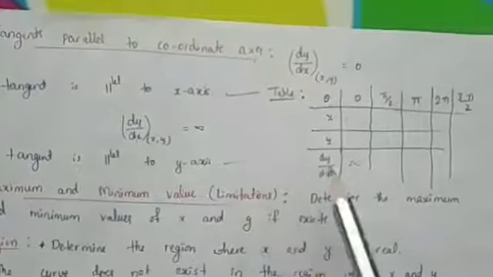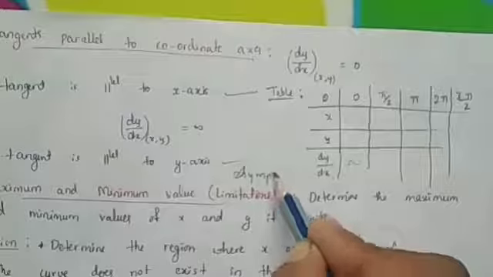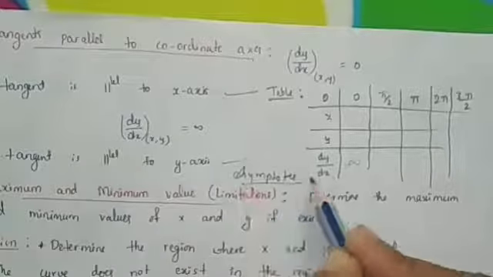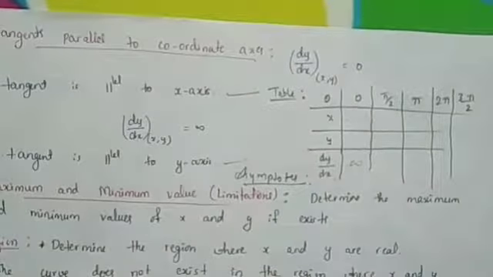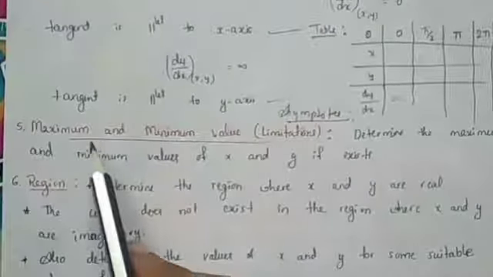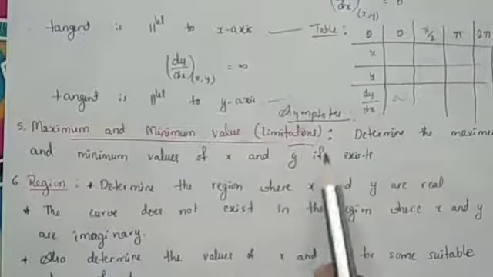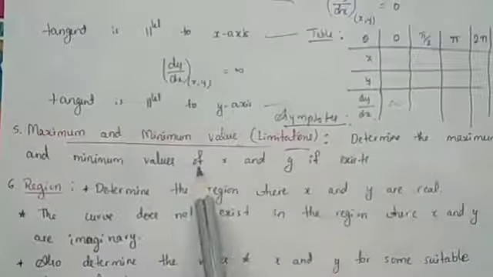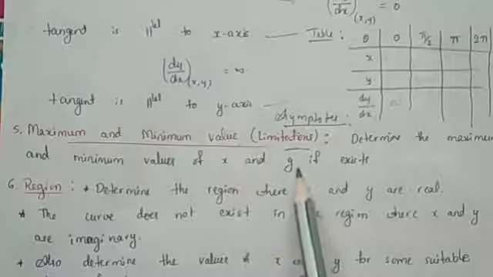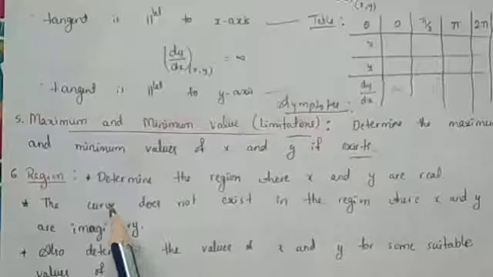Okay. The next point is the asymptotes. You know about the asymptotes. Okay. The next point is the maximum and minimum value or limitations. Determine the maximum and minimum value of x and y if they exist. The next point is the region.